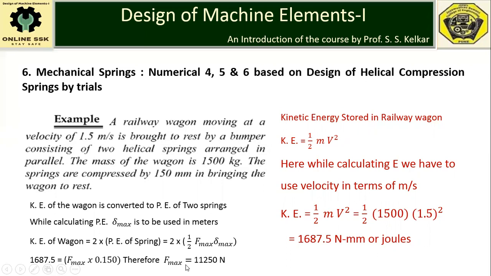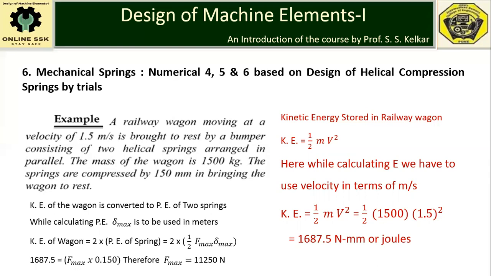Here one point to be noted: up till now, whenever we used units for linear dimensions, we have always used millimeters. But here, while performing the energy balance, we are equating the kinetic energy of the wagon with the potential energy of the springs.